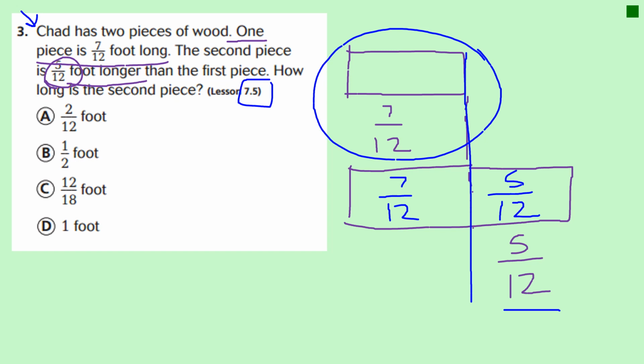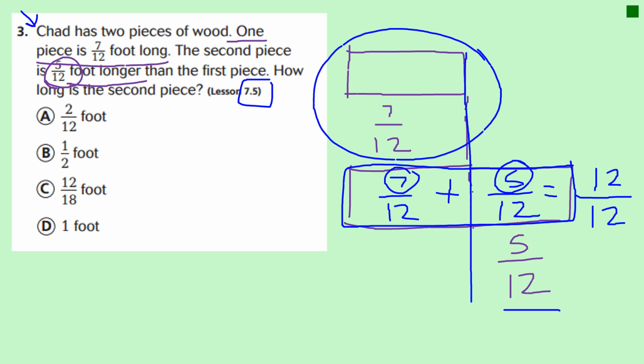Okay, so how long is the second piece of wood? Well, what's 5/12 plus 7/12? So we have the same denominator of 12, so the piece sizes are the same. So we can just add the numerator. 7 plus 5 is 12. The denominator stays the same, 12. Okay, so the answer is 12/12.